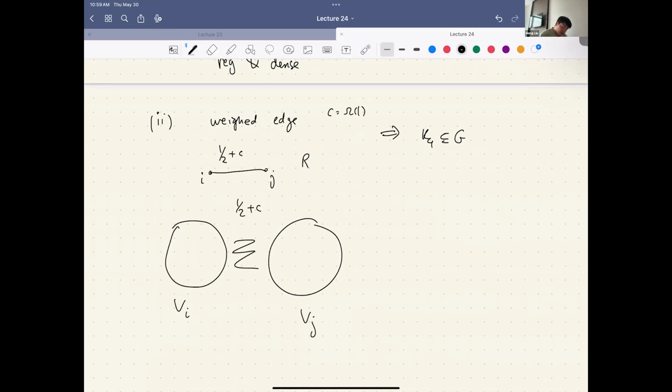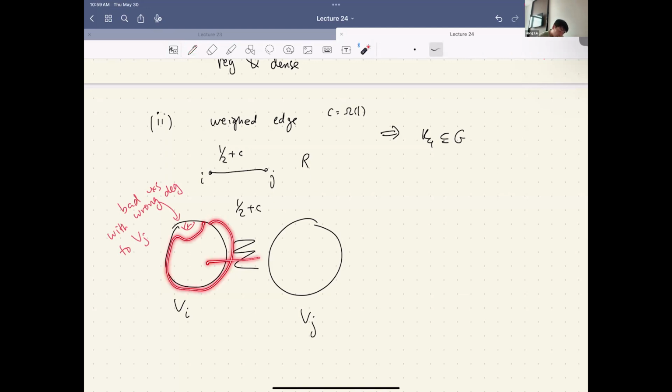Same thing. We know that there are some vertices in Vi that have bad degree to Vj. Scoop those out. Bad vertices with wrong degree to Vj, throw them out, at most epsilon fraction. All the rest of the vertices have the correct typical degree to the right-hand side.